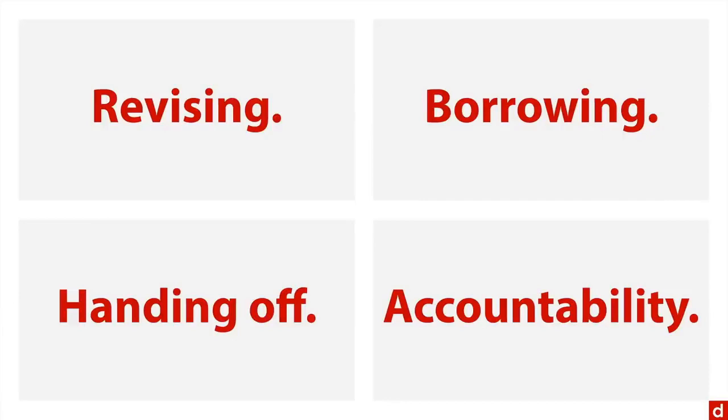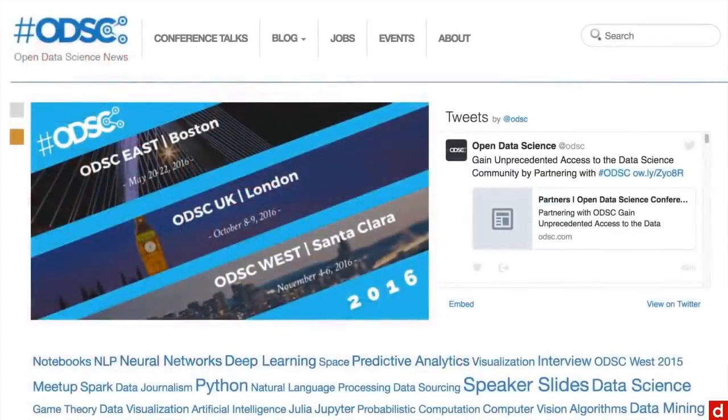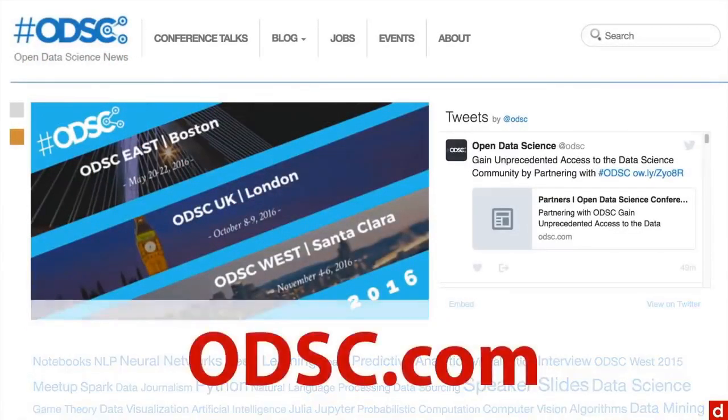Now, you may be familiar with the concept of open data, but you may be less familiar with the concept of open data science, and that's more than open data. So for instance, there is something called the Open Data Science Conference at odsc.com, and it meets 3 times a year in different places.